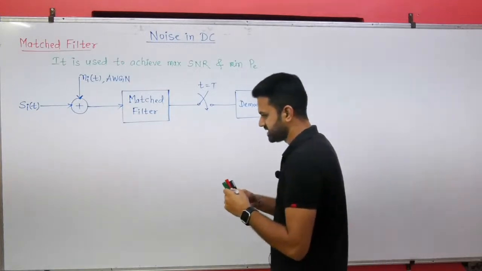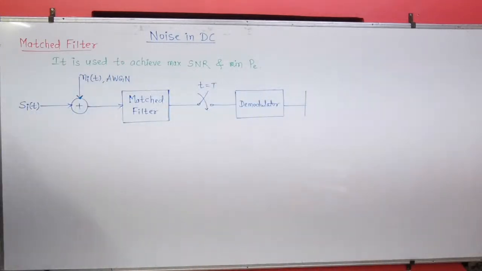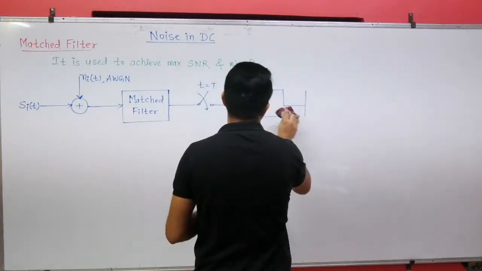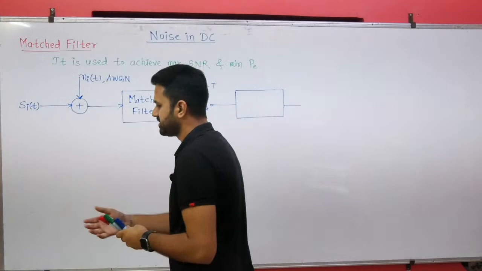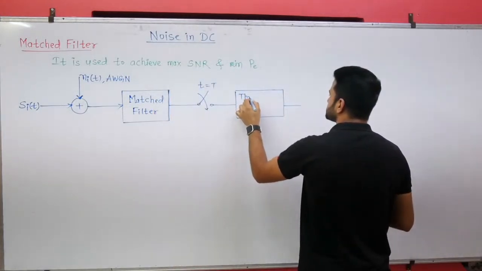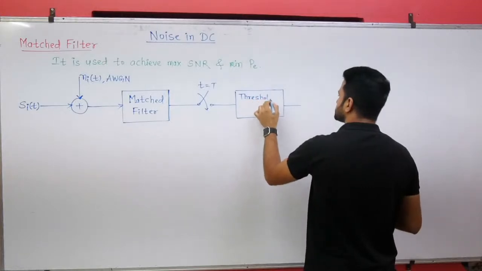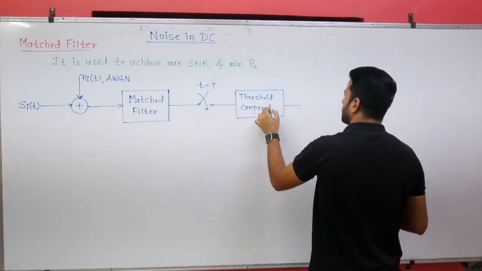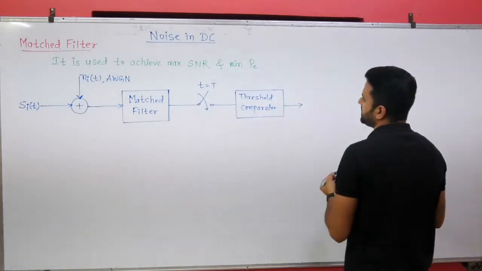Or you can write it like this: not the demodulator, don't write the demodulator right now. Let's take this as a threshold comparator, and we get some output.